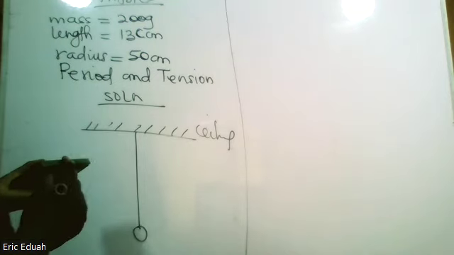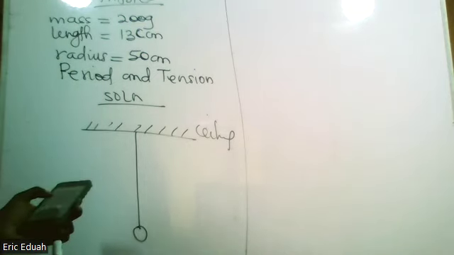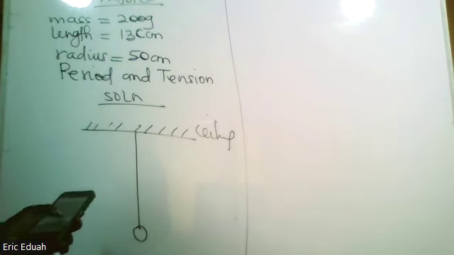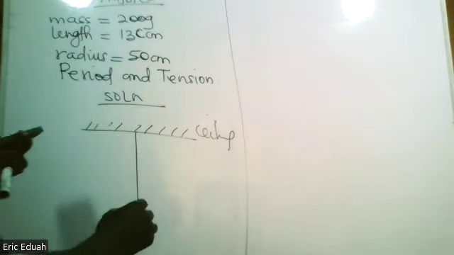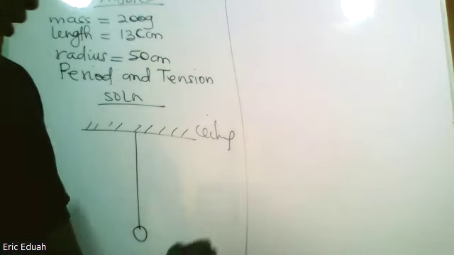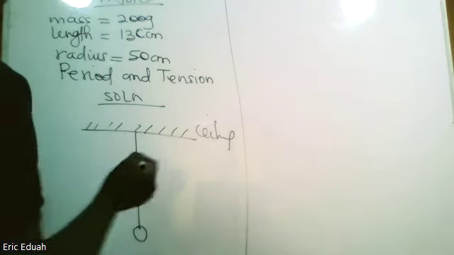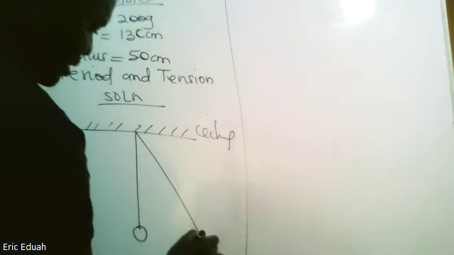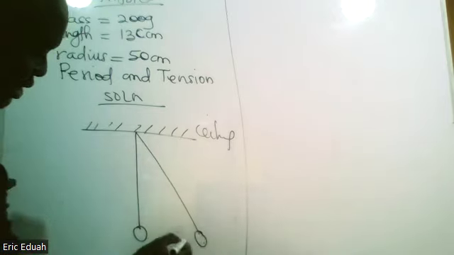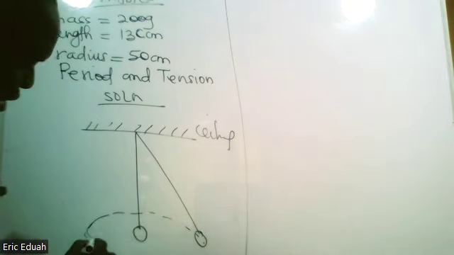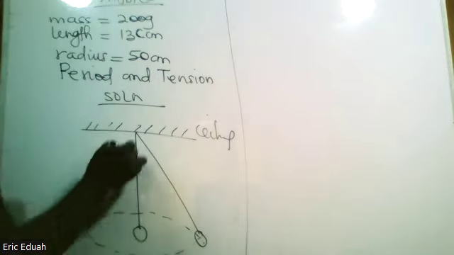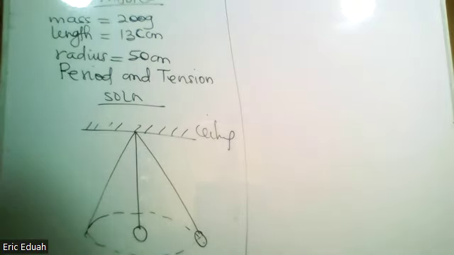Now it is tilted to create a horizontal circle. It means that it has to be displaced and then be given an angle to describe the horizontal circling. So each part will look like this. And this is what they mean.